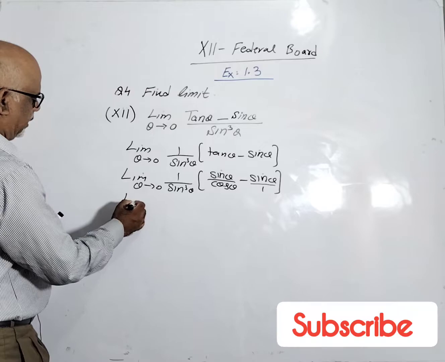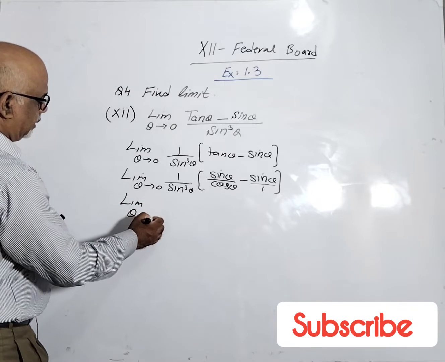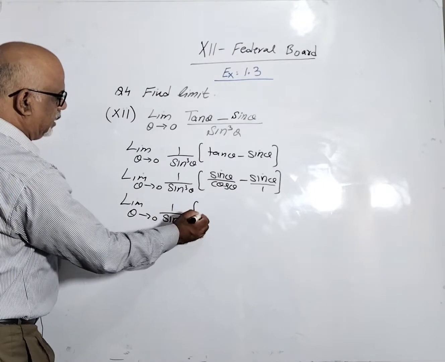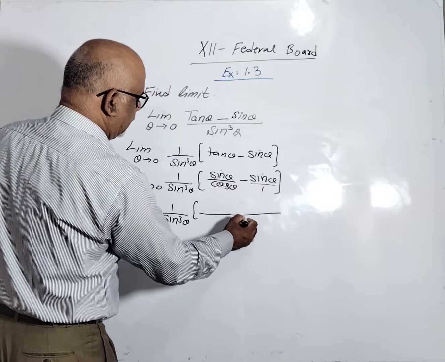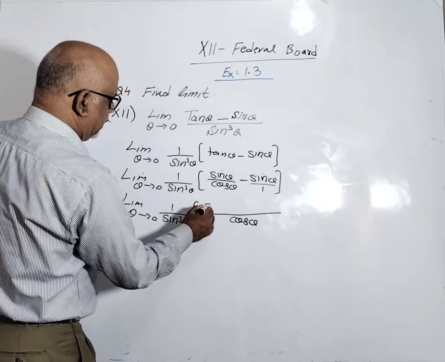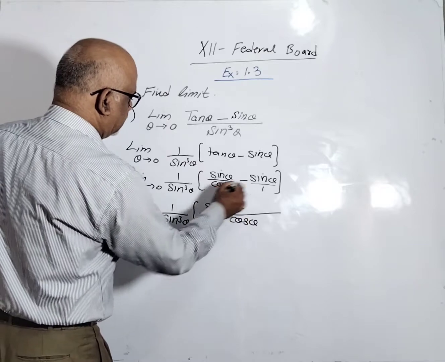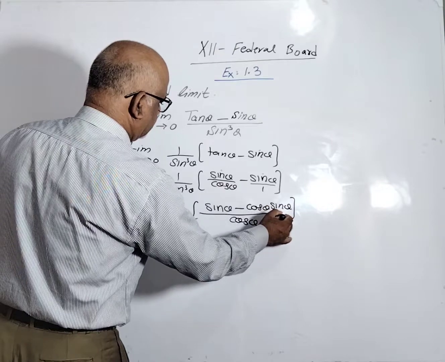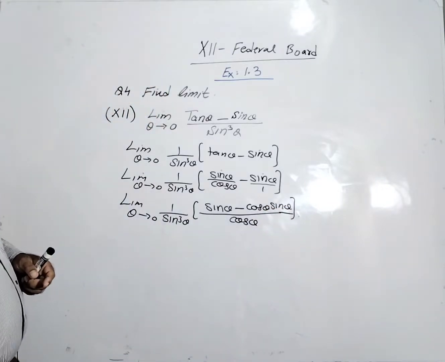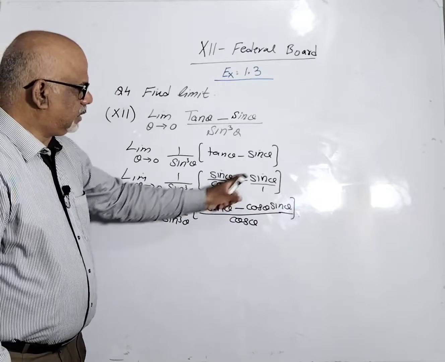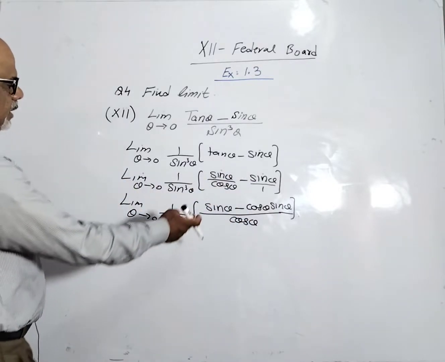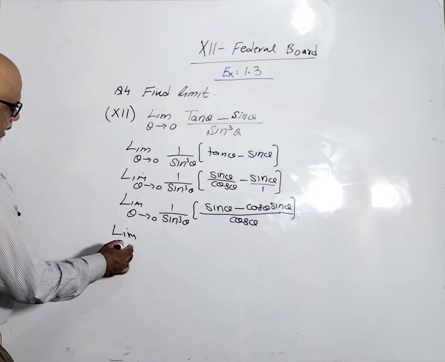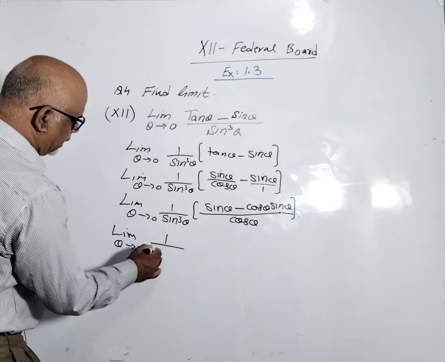So this is limit theta tends to 0 of 1 over sin cube theta, and taking out the LCM, sin theta into cos theta.